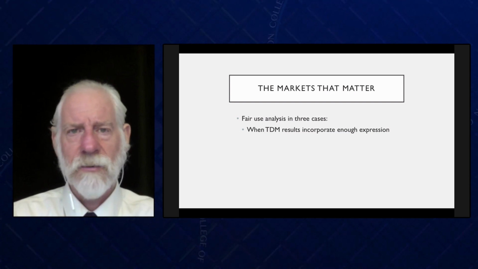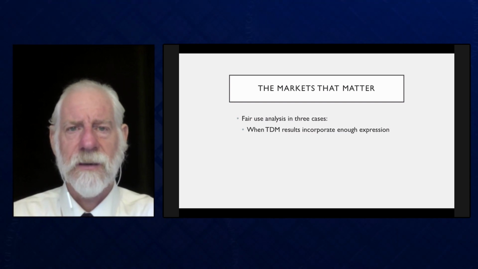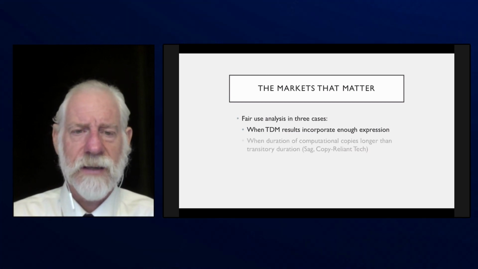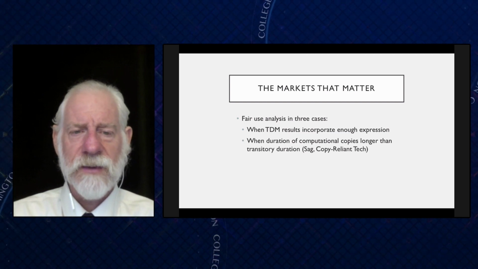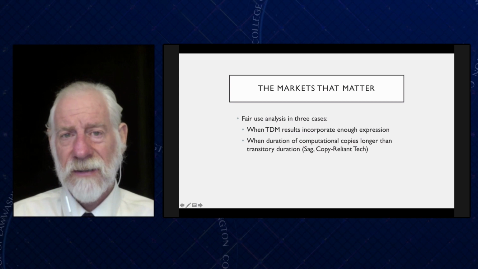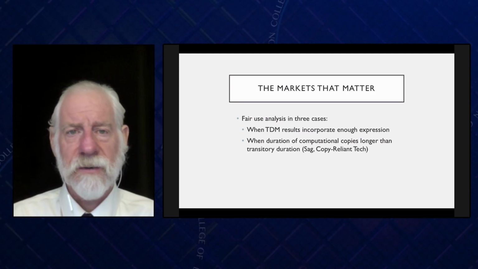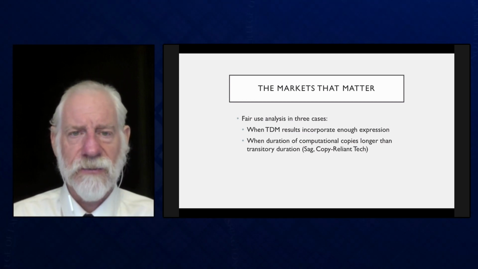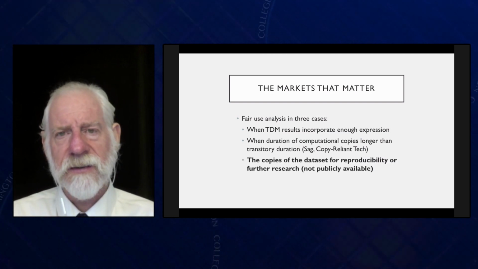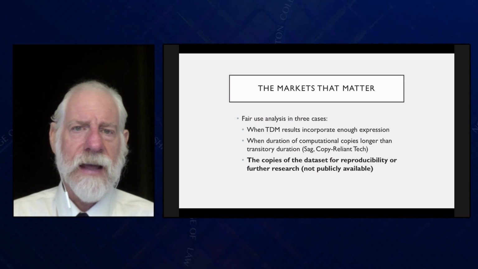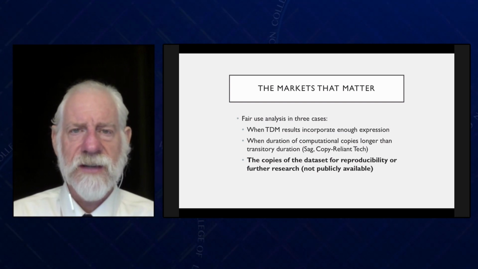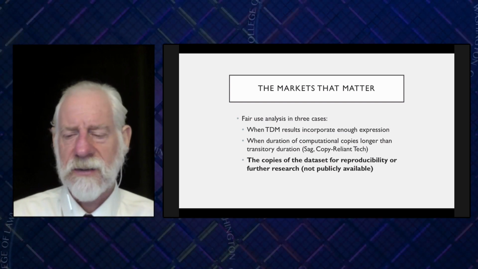I'm talking about more conventional TDM research as the focus of my talk. Now, when that research incorporates expression, so the outputs basically have quotes from the articles and that sort of thing, then that's a different fair use analysis. What I'm talking about, though, is outputs that analyze what's going on in the copyrighted text, but do not use that copyrighted text in the output.